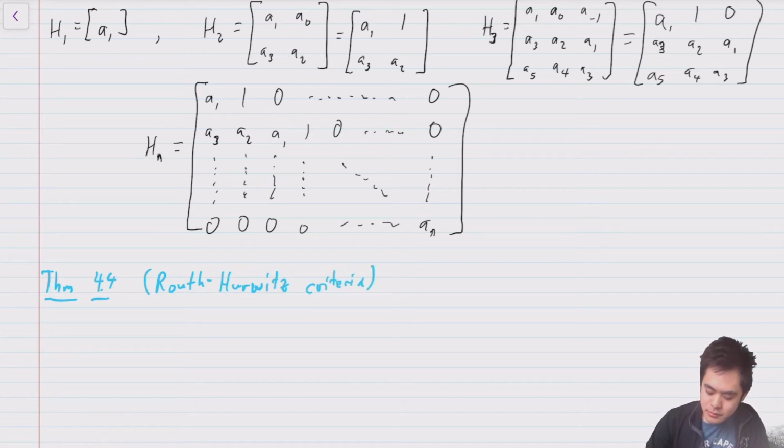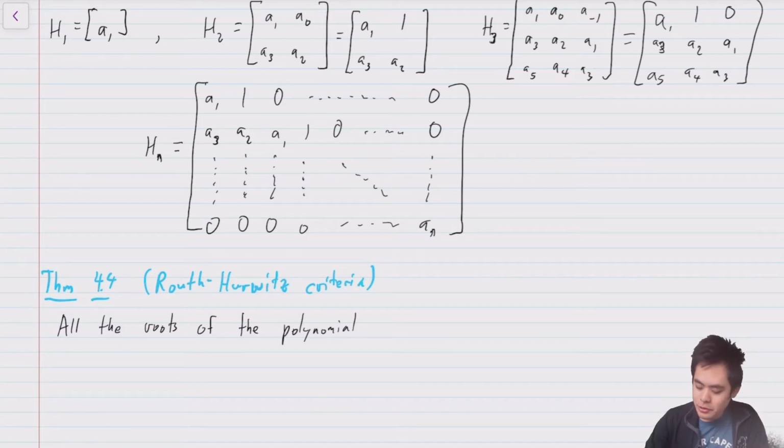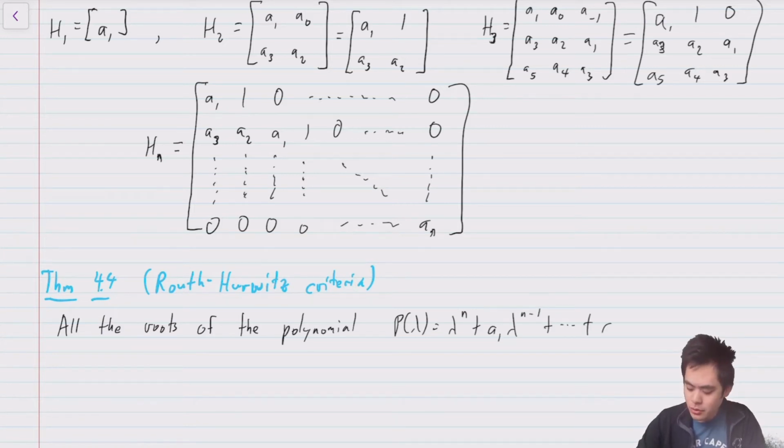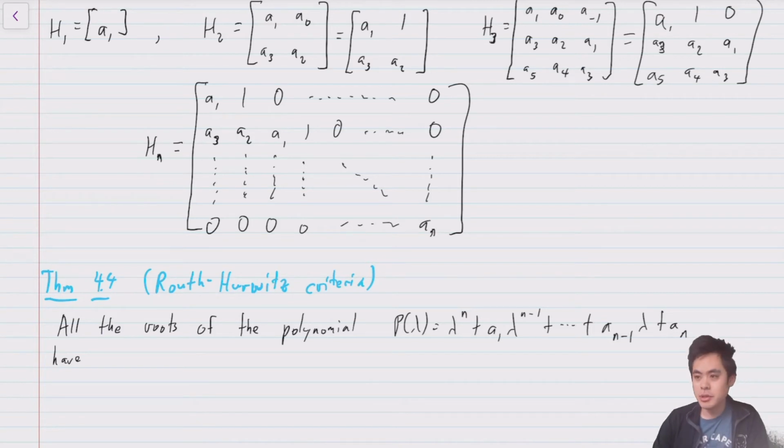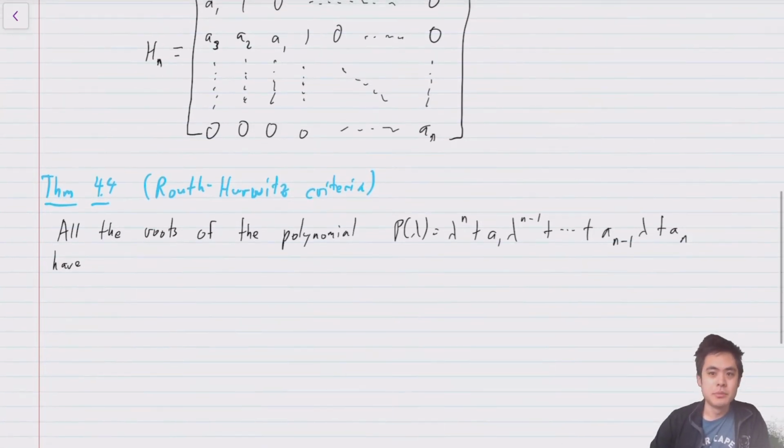The criteria is that all the roots of the polynomial p of lambda equals lambda to the n plus a1 lambda to the n minus 1, and so on, all the way to a(n-1) lambda plus an, have negative real parts. So this is the stability criteria that we want to give.